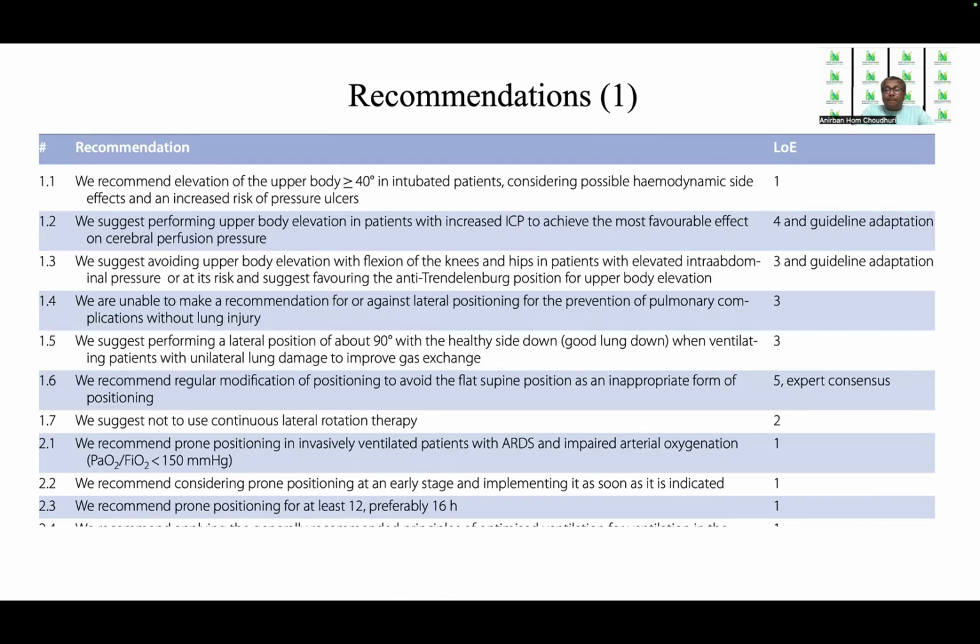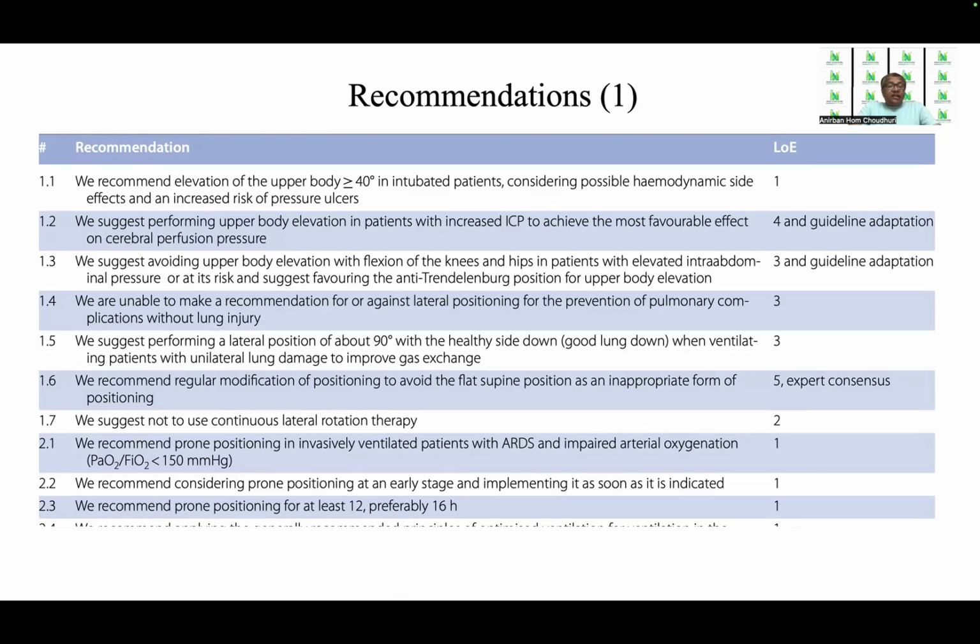For guideline adaptation, they say upper body elevation in patients with increased ICP achieves the most favorable effect on cerebral perfusion pressure. So this has a level of evidence of 4, so it can be considered poor evidence.